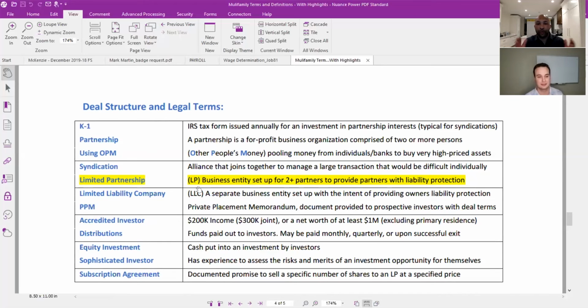The big deals are typically bought with a group of people, and that's when you would want a limited partnership. It would provide you protection. You go into this partnership, and it's its own entity. So if something were to happen at that partnership, they can't come after your home. They can't come after your personal bank account. They can't come after your other investments. They can only come after that one entity.